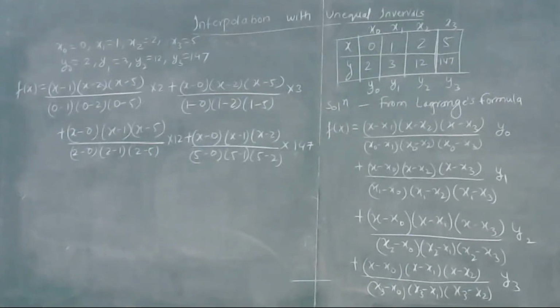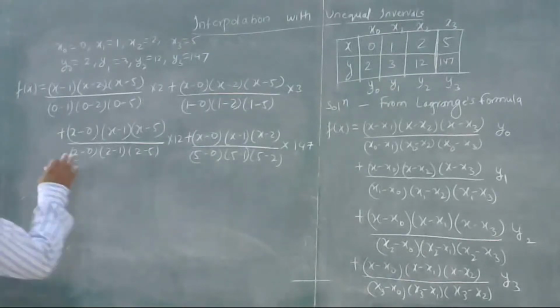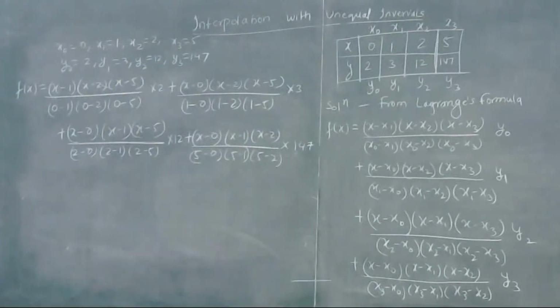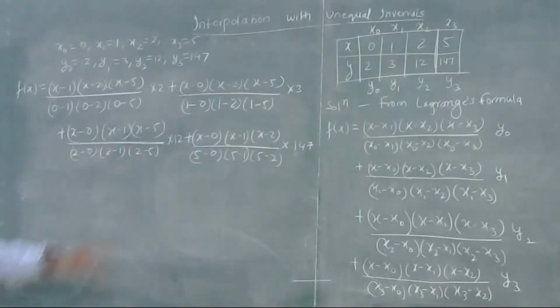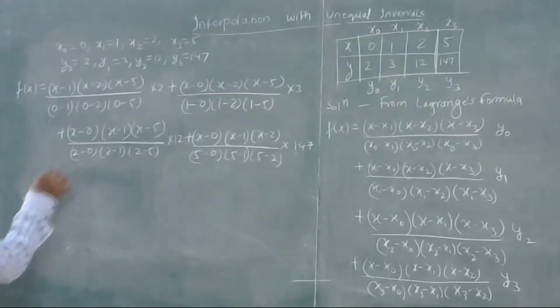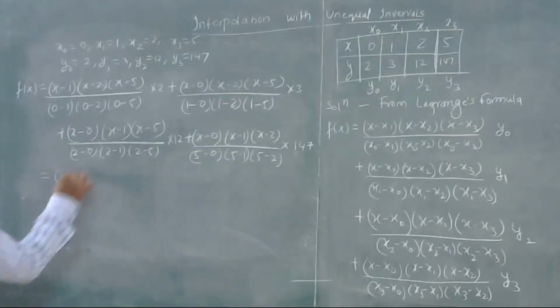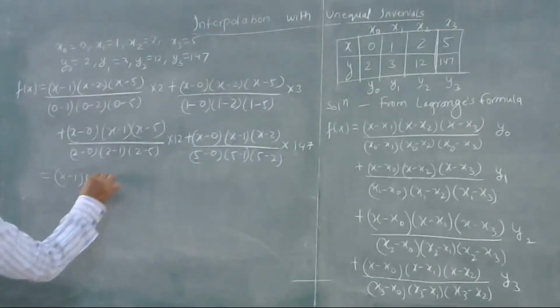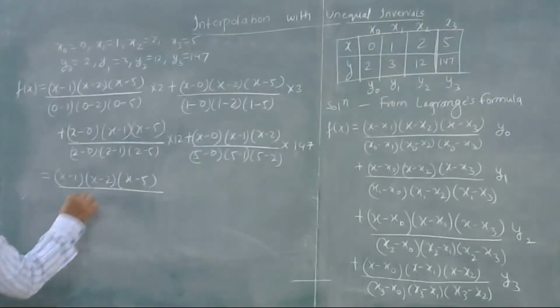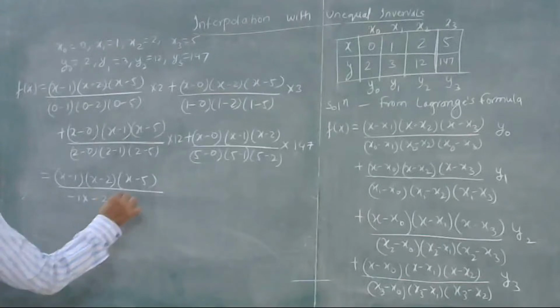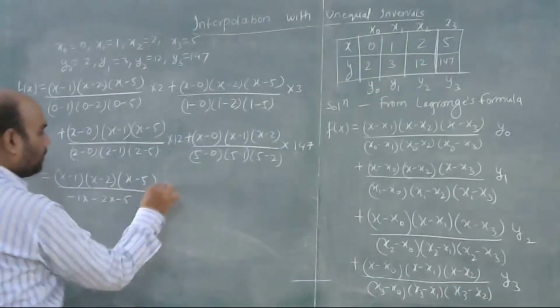Now solve this. So you will get our equation in terms of x. This will give f of x, and whatever the value of x is, you can find the value of f of x. So this will become x minus 1 into x minus 2 into x minus 5, over minus 1 into minus 2 into minus 5, into 2.